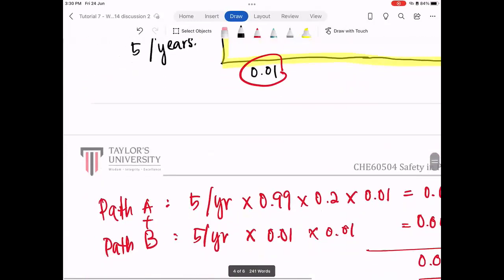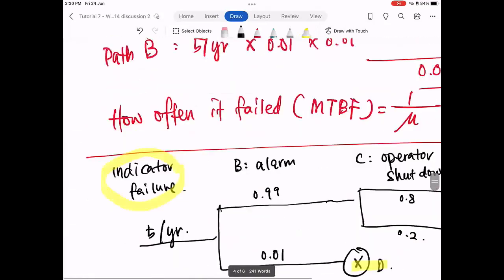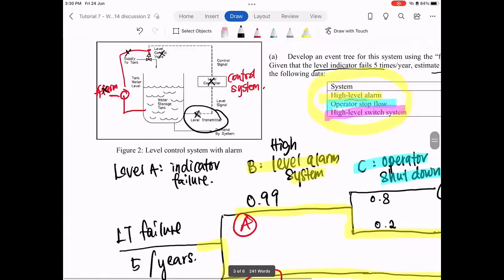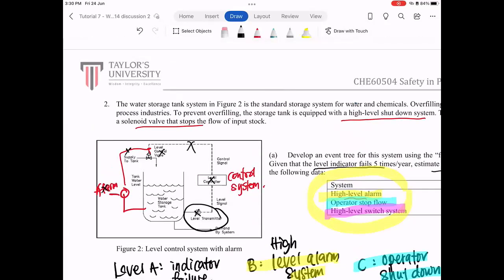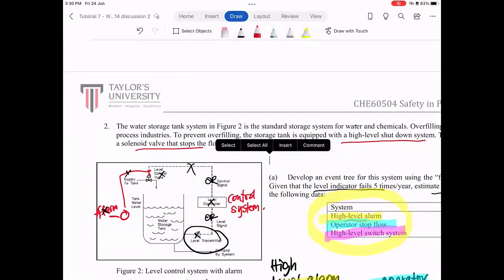But if this system fails and this other system kicks in, so this is an OR here. One fails, anything fails. Any of these fail, or any of these fail, this will fail. But if we have this system here, you need both to fail for the system to fail.